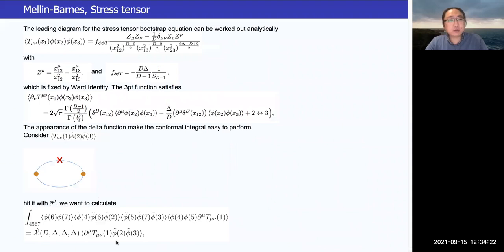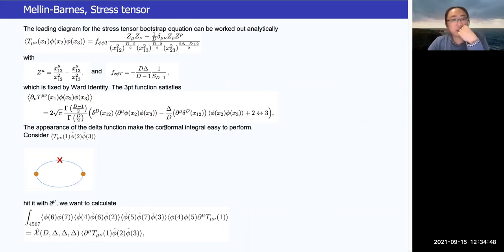So there's another equation, for the stress tensors. In this case, because of a trick which I will mention later, this can be calculated analytically. The stress tensor looks like this, and you hit it with a derivative, and you get some delta functions here, right?